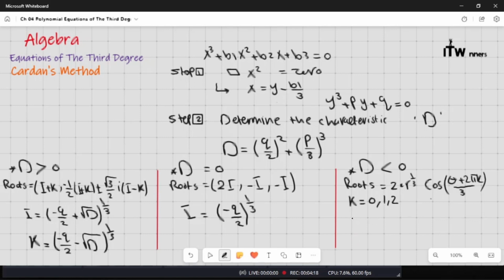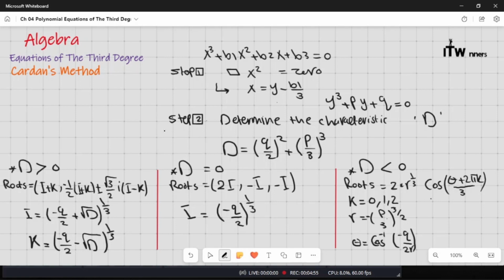Here r equals (negative p by 3) to the power 3 by 2, and theta equals the inverse cosine of negative q by 2r.